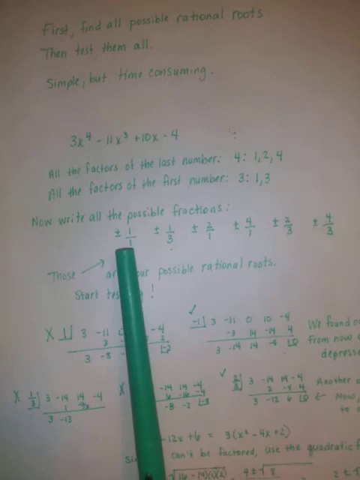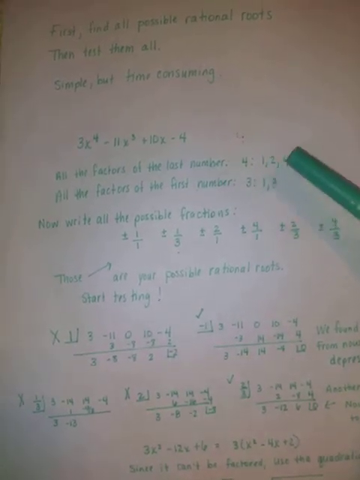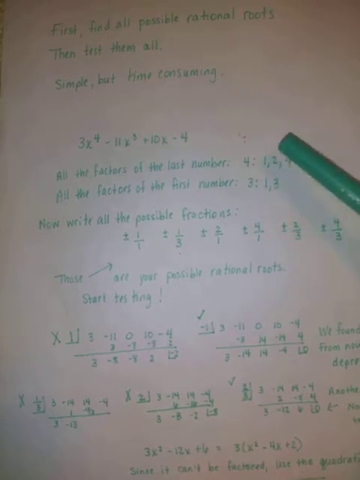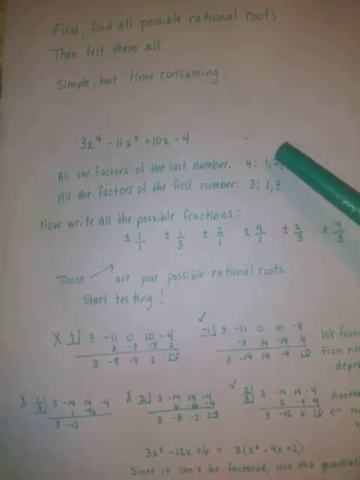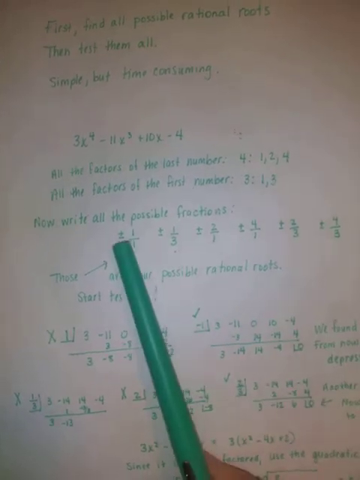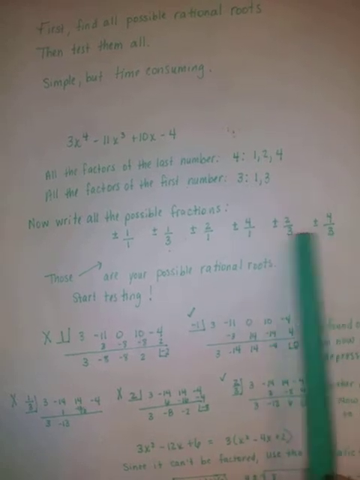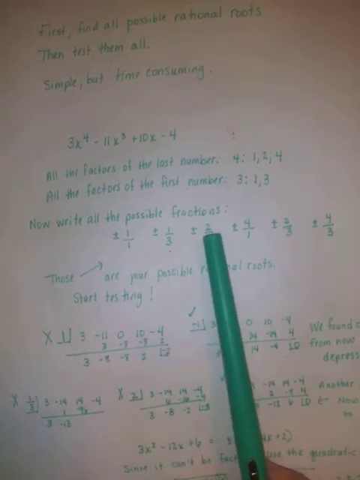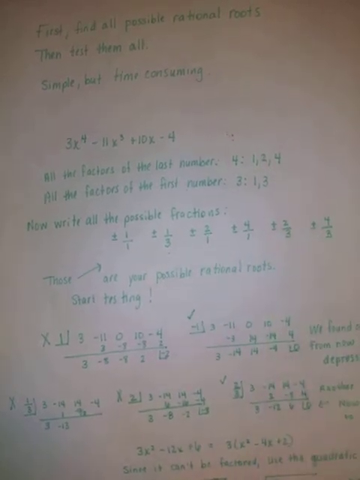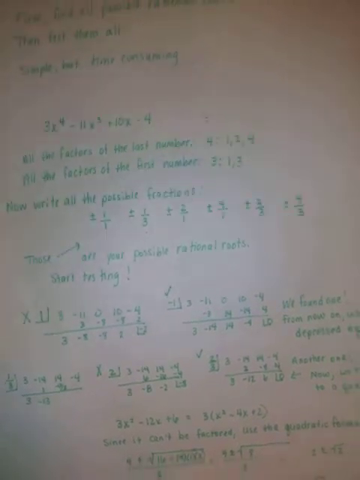So here my possible fractions are 1 over 1, 2 over 1, 4 over 1, 1 over 3, 2 over 3, 4 over 3. But then we also have to have the positive and negative of each one. So what we have here is 1, 2, 3, 4, 5, 6 plus the positive and negative of each. There are 12 possible rational roots.